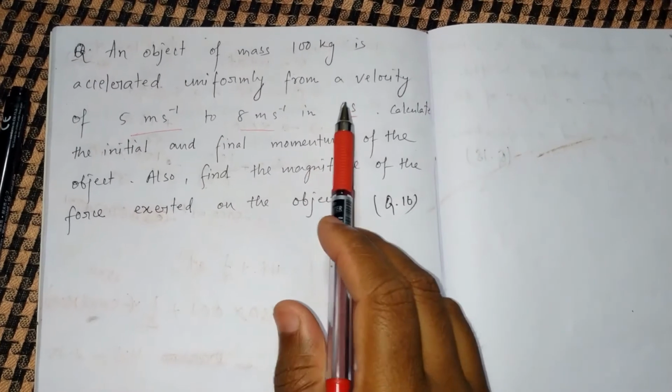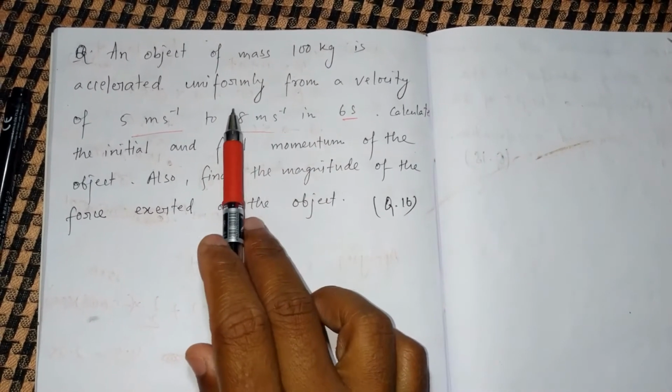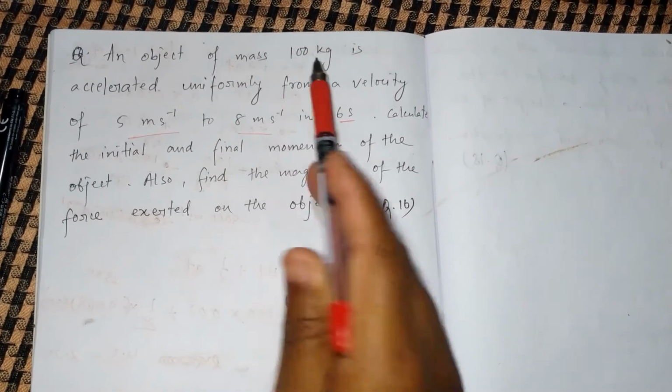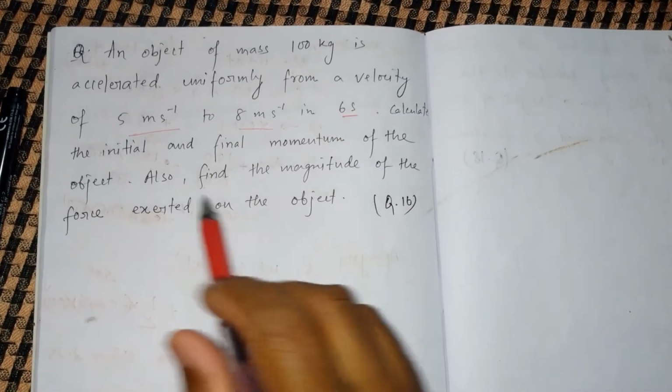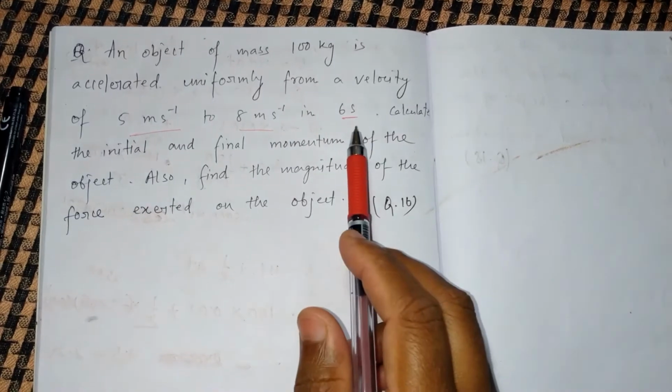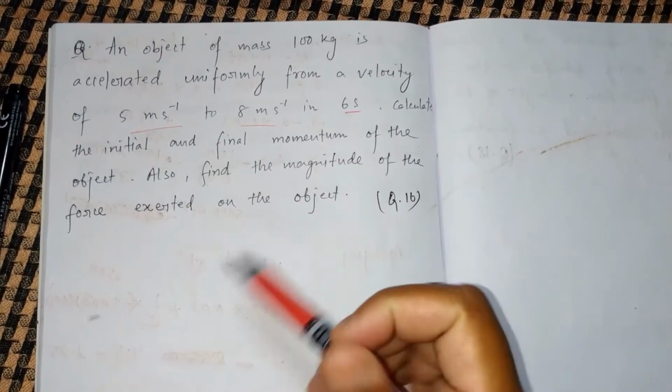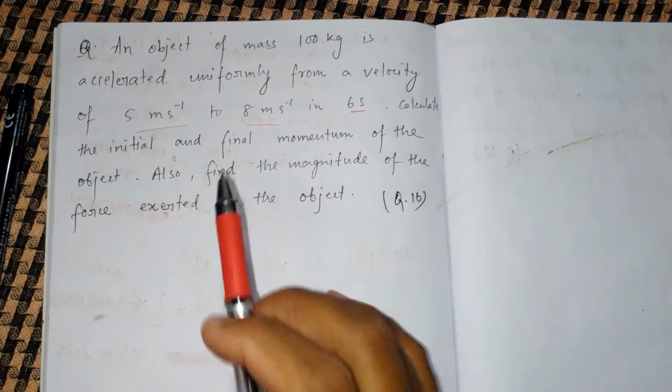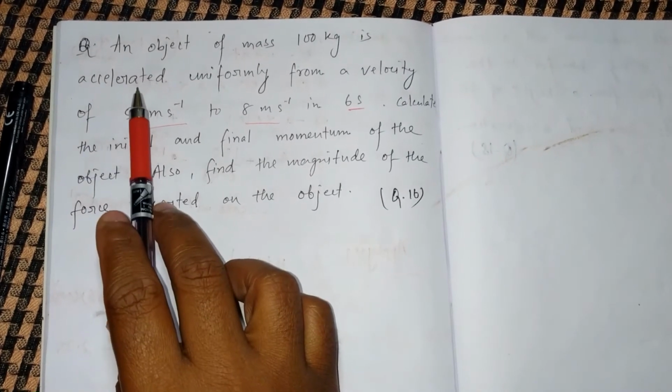The question says that there is an object whose mass is 100 kilogram. So it is accelerated. That means it is changing the motion by applying some kind of external force. Its acceleration is changed.